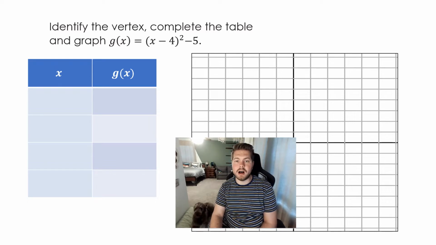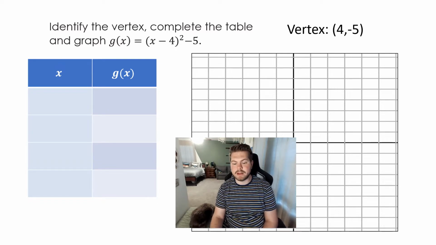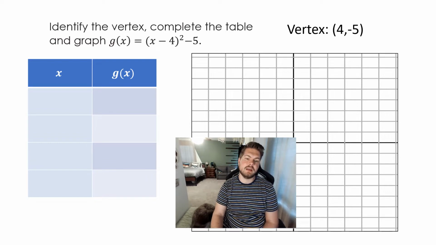It's going to be positive 4 for your x, and then negative 5. The negative 5 will stay the same for your vertex. So our vertex is 4, negative 5. Hopefully you see how I found that, and when you graph it out, you'll see that makes sense. And so vertex form can be really helpful.